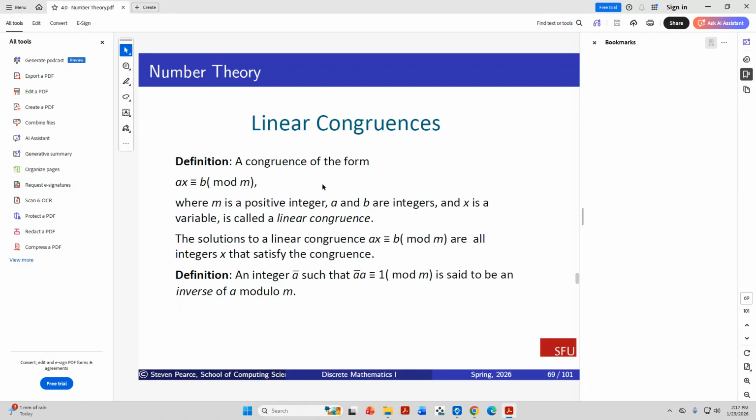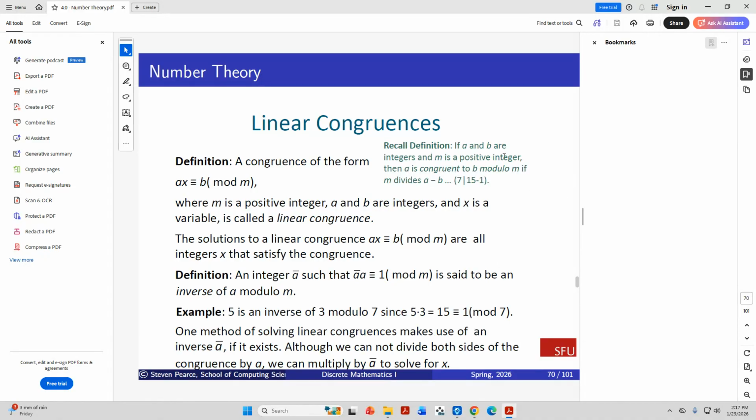By having an X in front of A, this is called a linear congruence, and here we define the inverse of A mod M. So A prime times A is congruent to 1 mod M. That's the inverse of A mod M. Makes perfect sense. We're back where we started, you see?